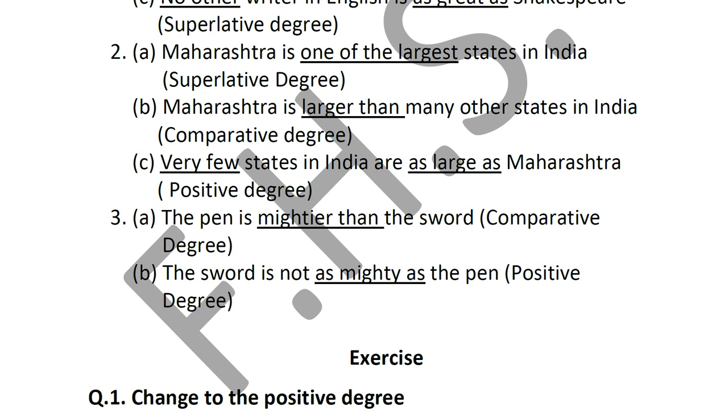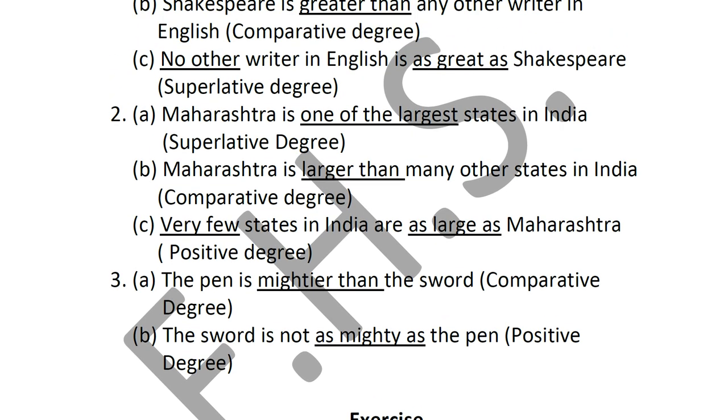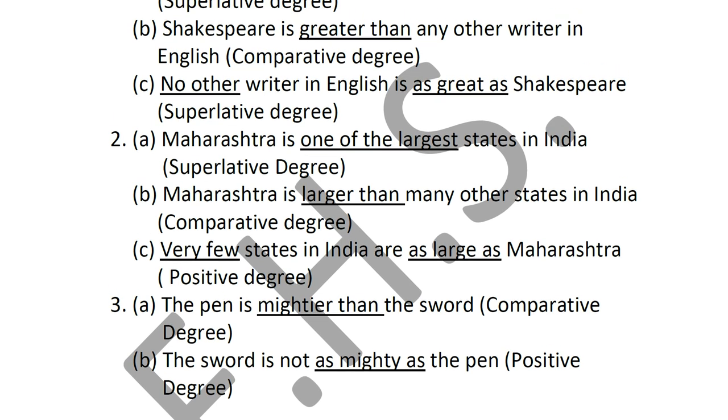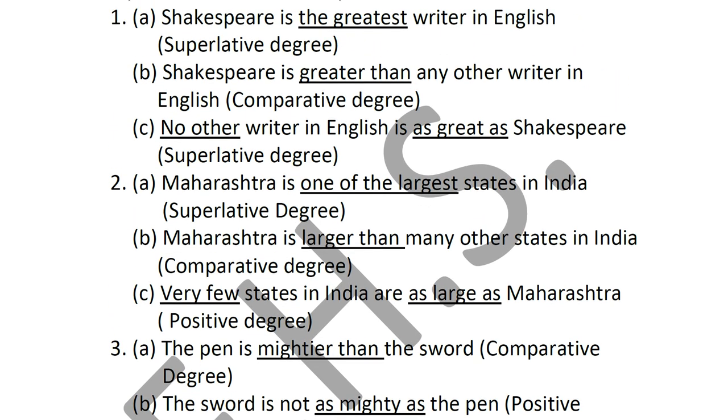The reason I have underlined one of in superlative degree is because the sentence doesn't say Maharashtra is the largest. That means along with Maharashtra there are few more states which are very big. Clear? Now when you saw the sentence above it, that is the first example, Shakespeare is the greatest writer in English.